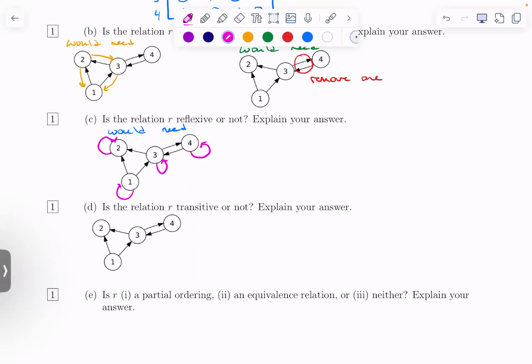Usually, if you can find one scenario where you can get from a point through another point to another point, but you can't get there directly, it's not transitive. So I can get from 1 to 3 to 4, but I can't go straight from 1 to 4. And therefore, it is not transitive.